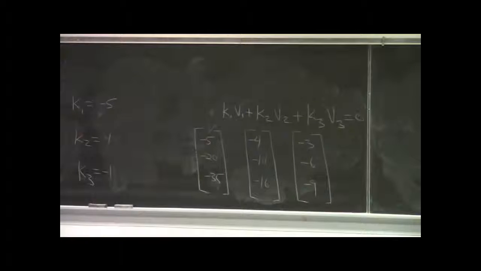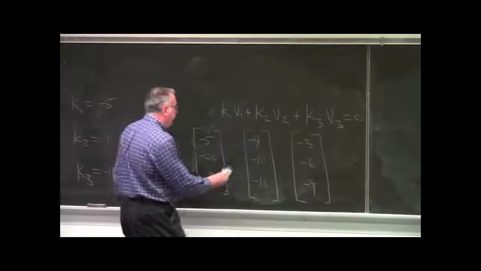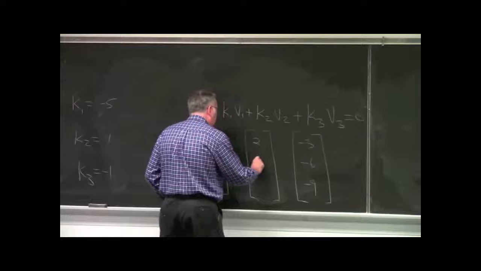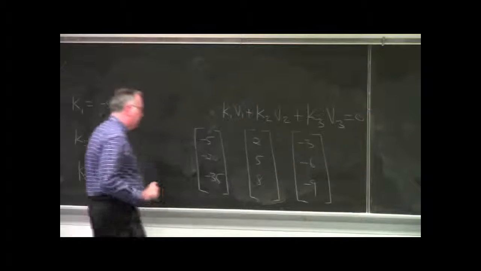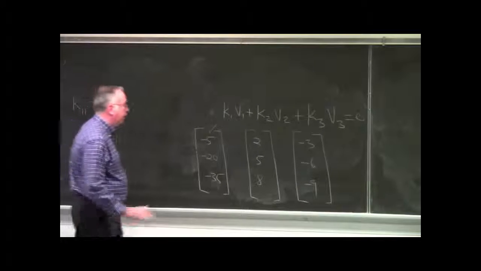And then 1 times V2 is 2, 5, 8. And then minus would be just the same as before. Positive 1 for K3? Okay, all right, so this would be.